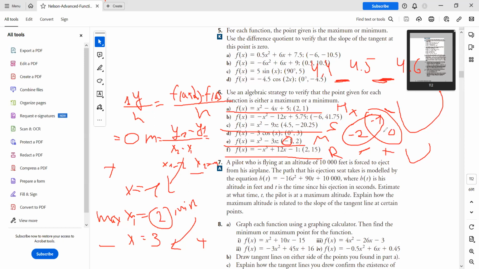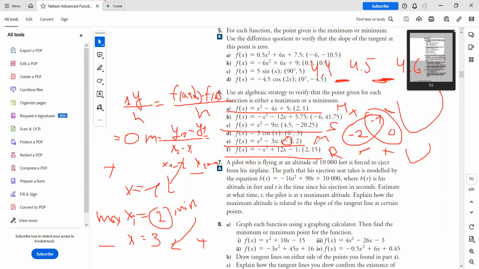If we substitute 0 instead of one of the x's, we get delta x of 1 again, but y2 equals 0 and y1 equals positive 2.